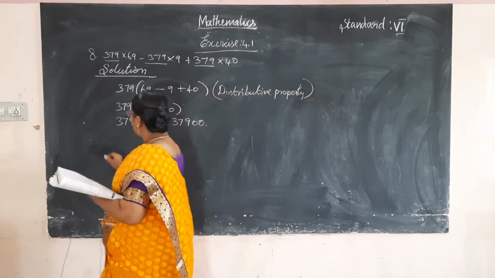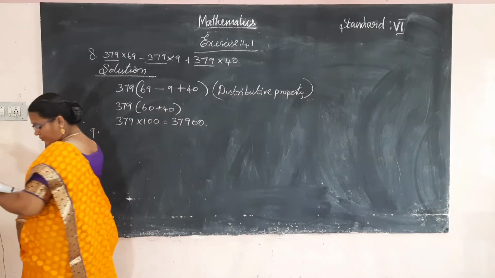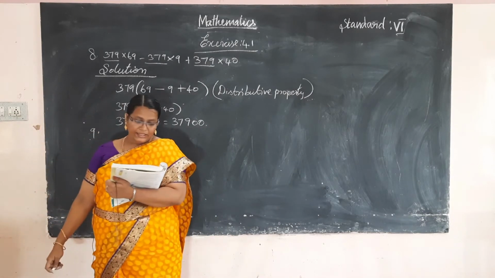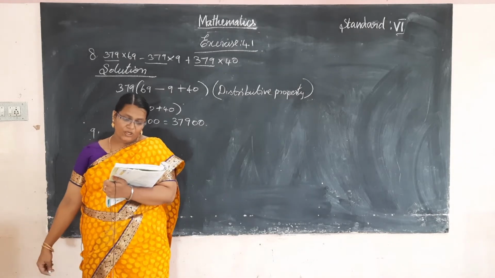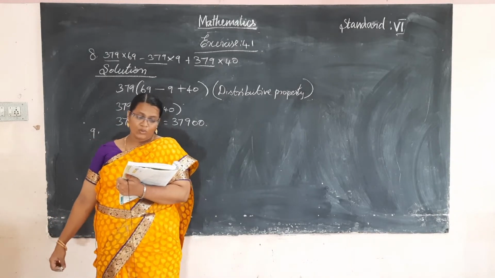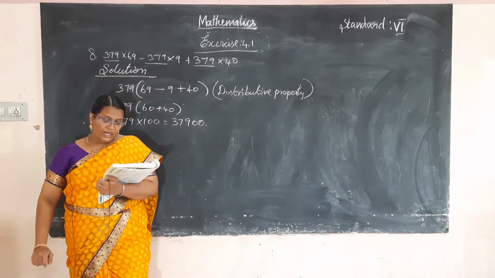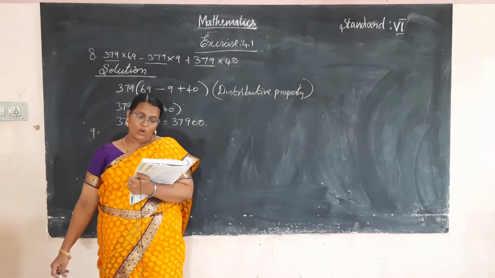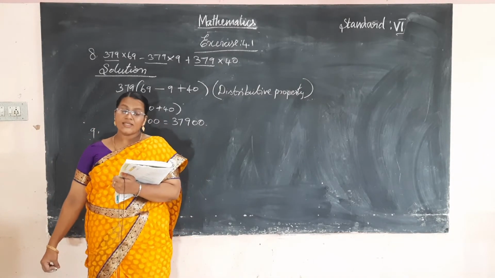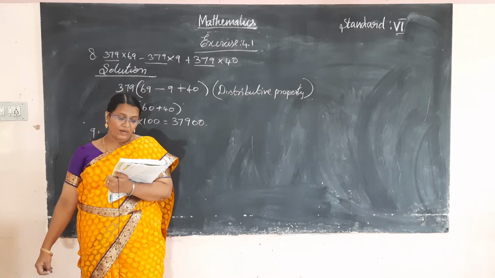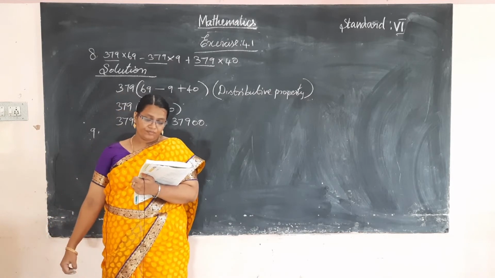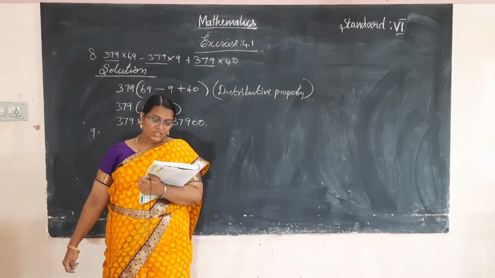Okay, that's it. Next, the 9th problem. In a town, 1 out of 27 people own a car. If the total population of the town is 49,626, then how many people have a car? So what is given?